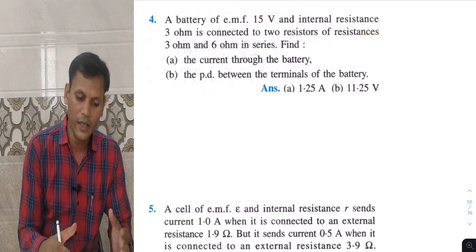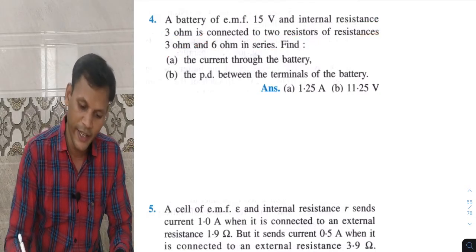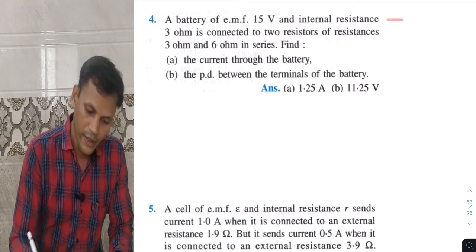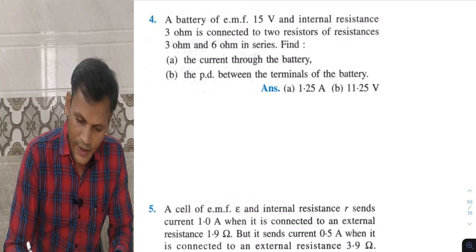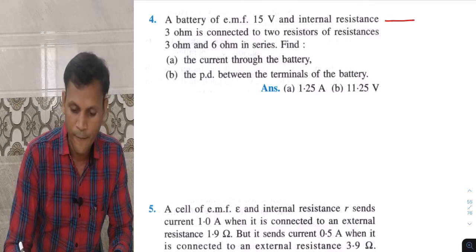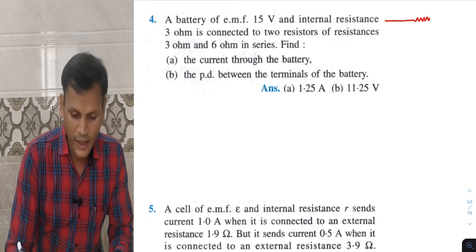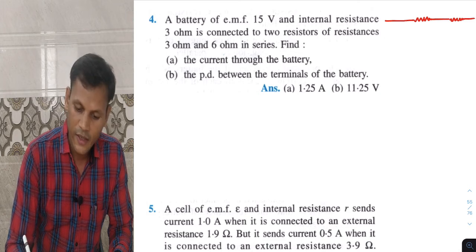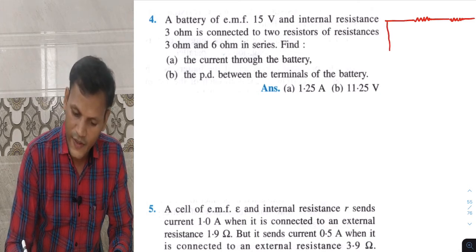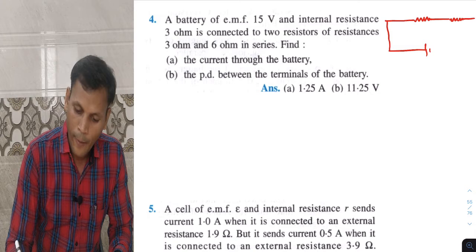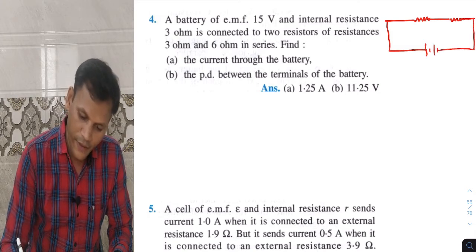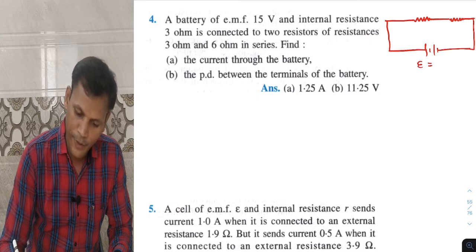So as per the question, we can draw the diagram. Two resistances are connected in series. I will draw the diagram so that the calculation will be easy for us. One resistance and another resistance are connected in series. This is the battery having EMF 15 volt.